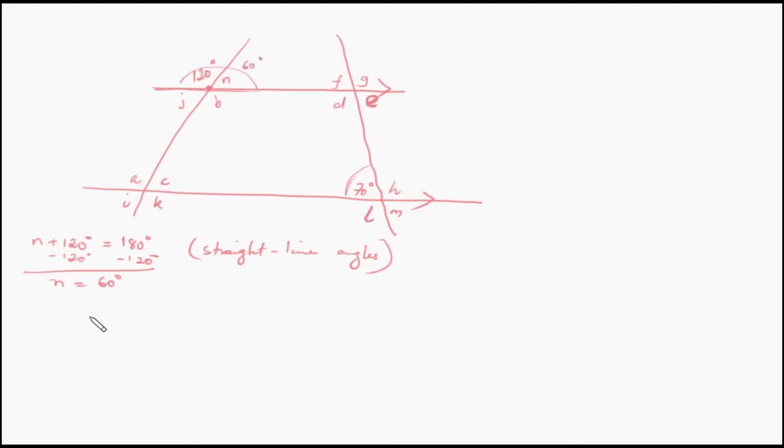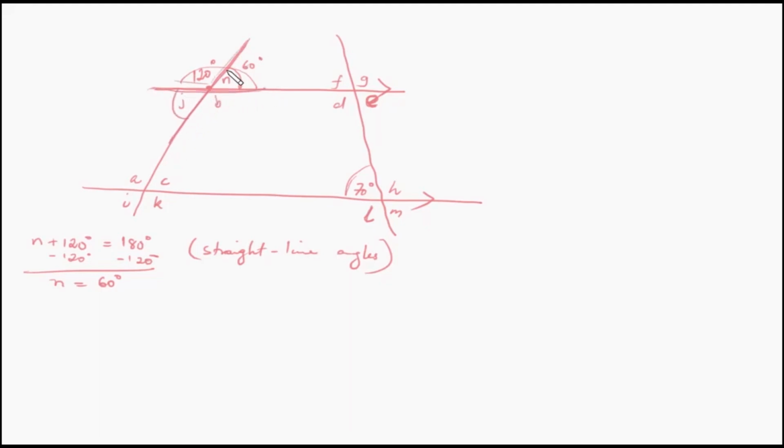Okay, J, how do you find J? You can find J using the same straight line angle property. If you look at this line, 120 plus J equals 180 degrees. Then when you solve for J, you will still get 60. Or you could look at this angle and use the vertical opposite angles property, because there is an X here.